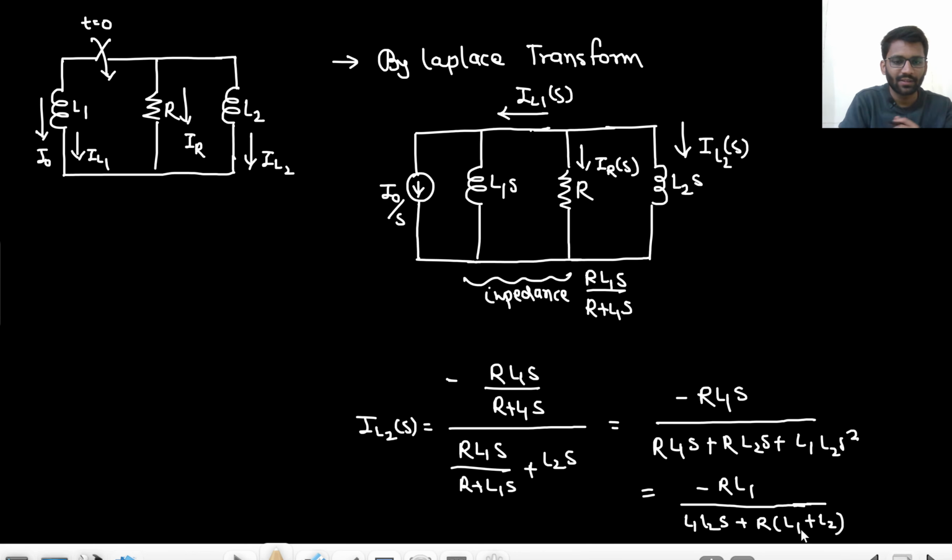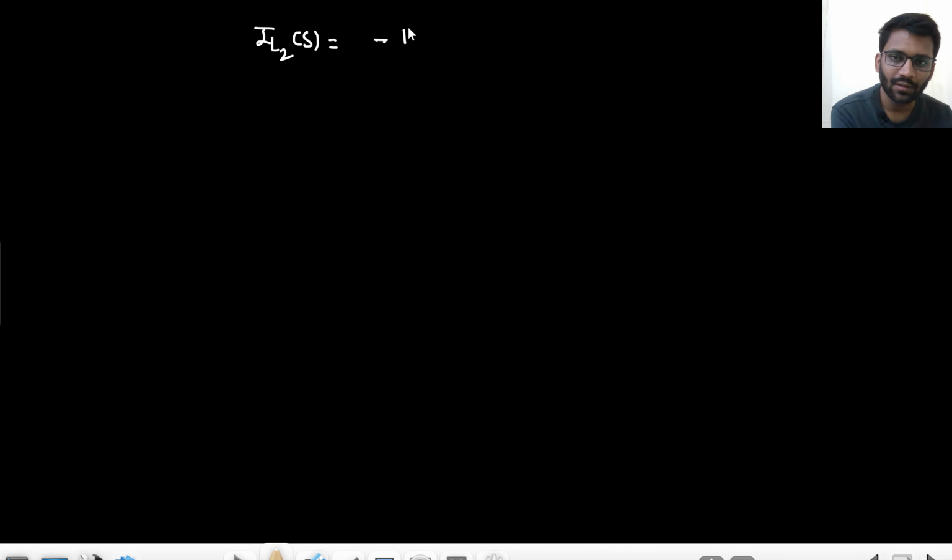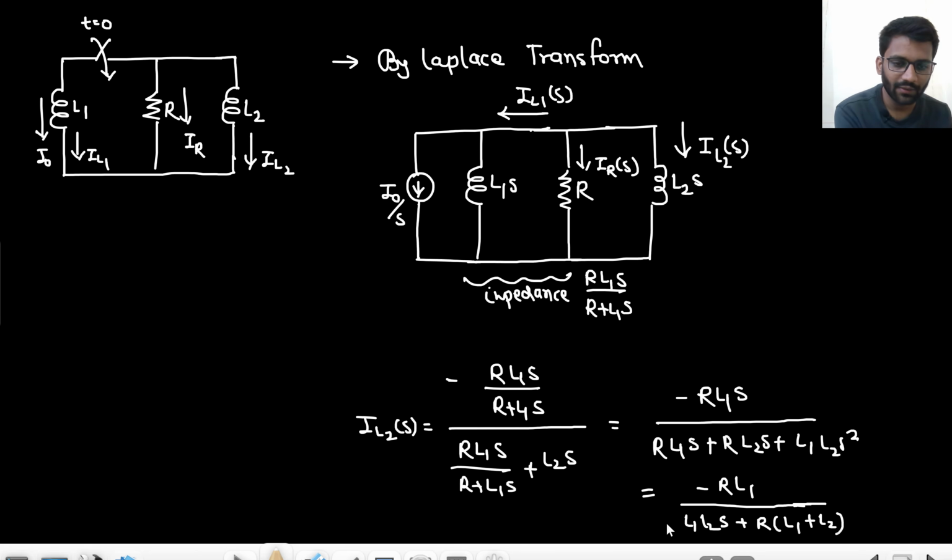Now I can take L1 L2 outside. So what will be IL2S? This is simply mathematics; you just need to solve it. So this would be minus RL1 upon L1 L2, so it would be minus R by L2.